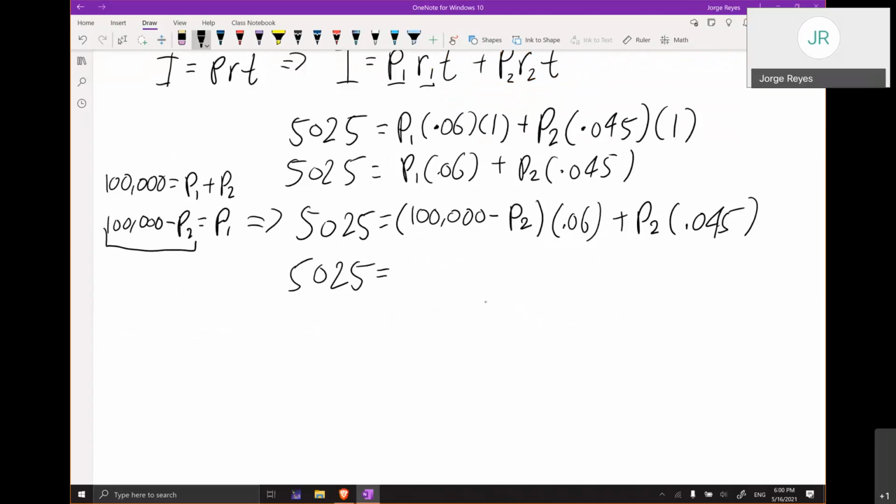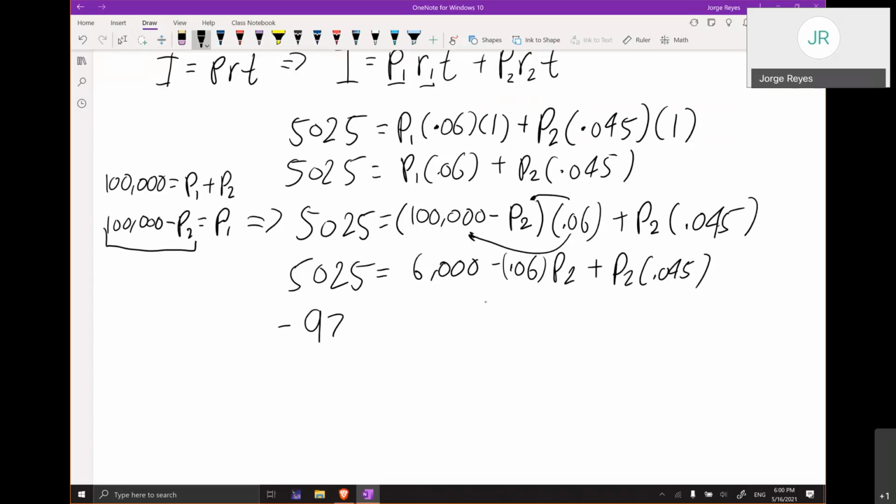So now you just solve this like a linear equation, okay? So you distribute the 0.06. So this is 6,000 minus 0.06 P2 plus 0.045 P2, okay? I'm going to subtract the 6,000 over, and we're going to get negative 975, okay?